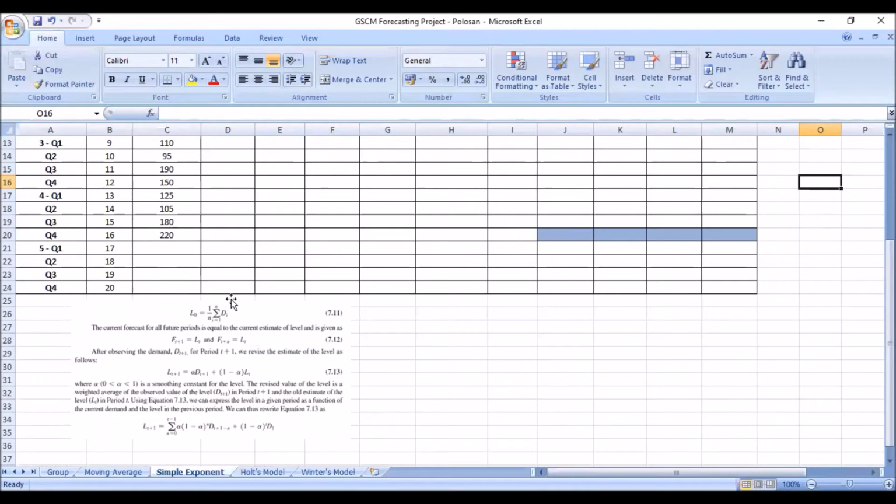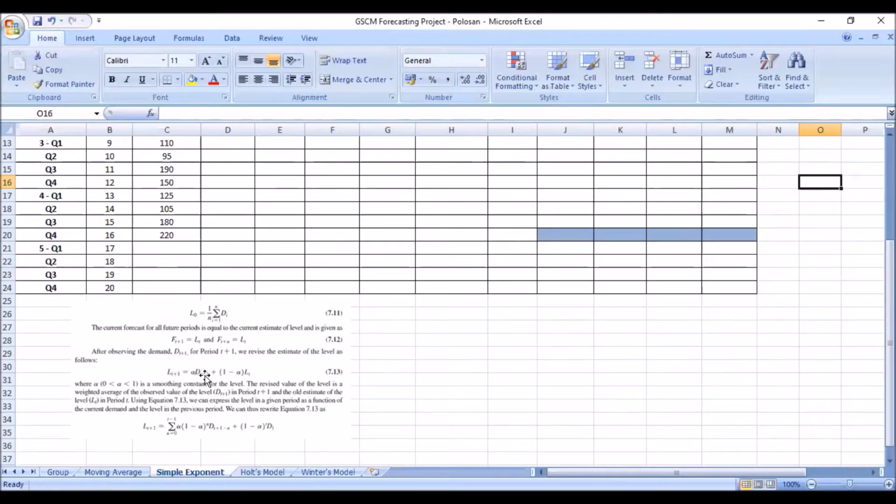And we're gonna move to the simple exponential, which is quite similar to the moving average, but in this case we're gonna use L0, which is just the average of all demand of all periods that represents the initial level, and we're gonna use it to find the level of the next period. Using the formula, L(t+1) equals alpha multiplied by demand (t+1) plus 1 minus alpha multiplied by the previous level.